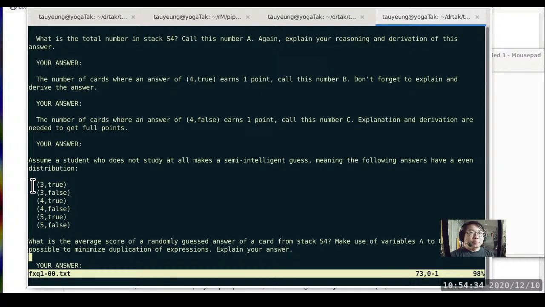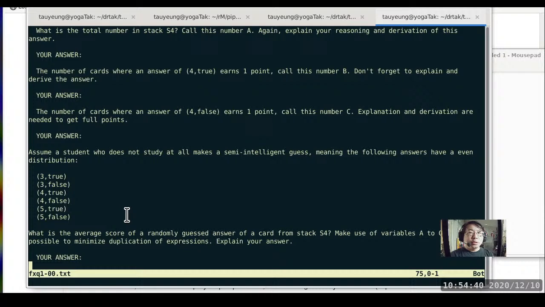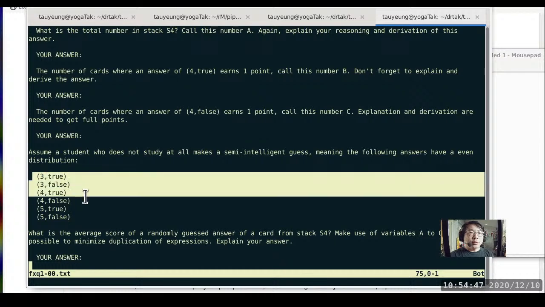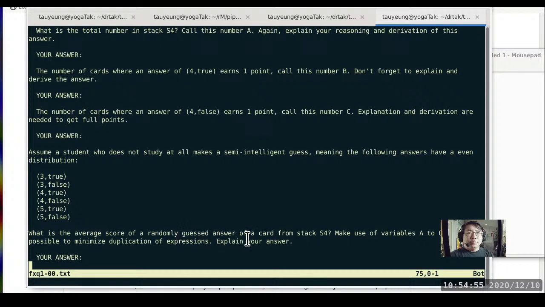So a student would basically have an even distribution of these 5 answers. And the question is, what is the average score when we assume that these characterizations have equal chances? That is the last part of the question.